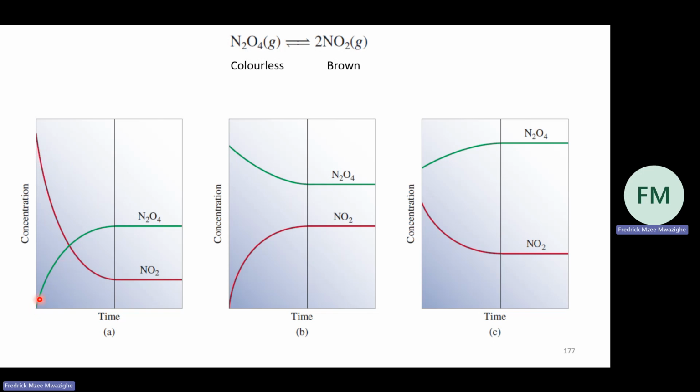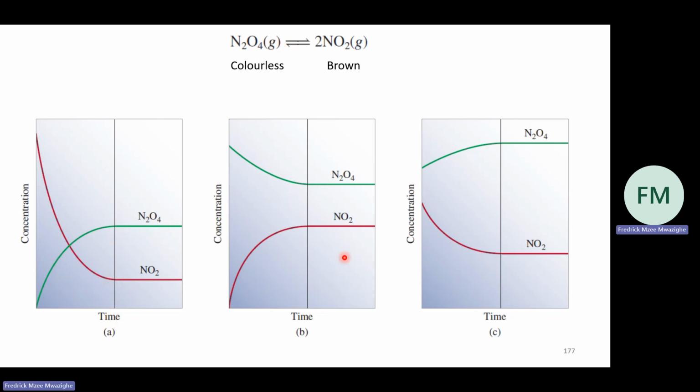So you have N2O4 starting to form here, and the concentration of NO2 decreases along that line as the concentration of N2O4 increases. These trends are followed until equilibrium is established. At that point, we see that the concentrations of the two species are constant.